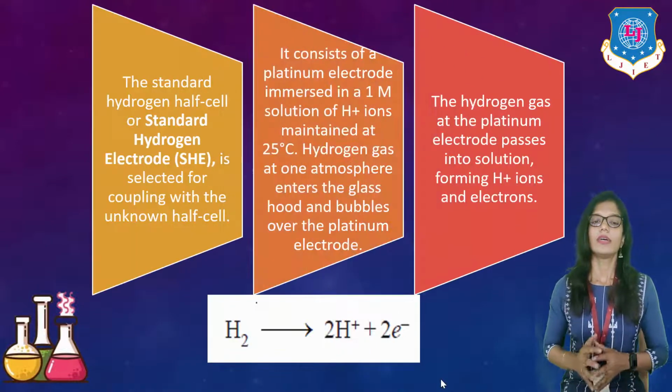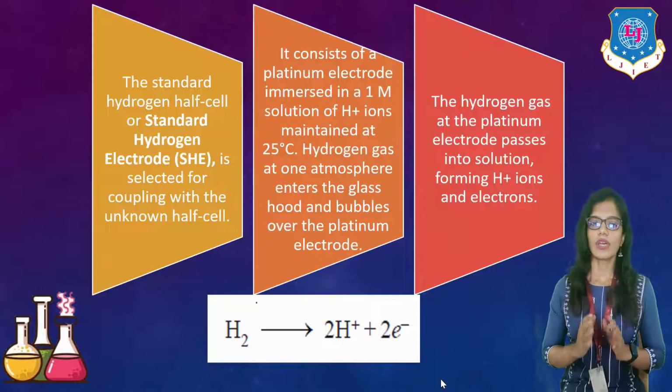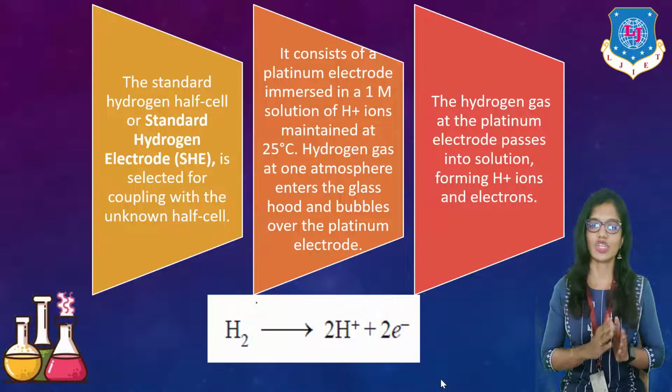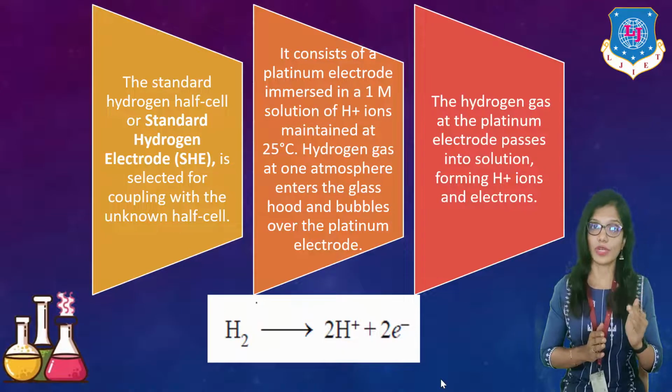The standard hydrogen half cell, also known as SHE, is selected for coupling with the unknown half cell. As I said earlier, this is a type of reference electrode so that you can calculate another half cell's potential with reference to this particular electrode. That is how it works.